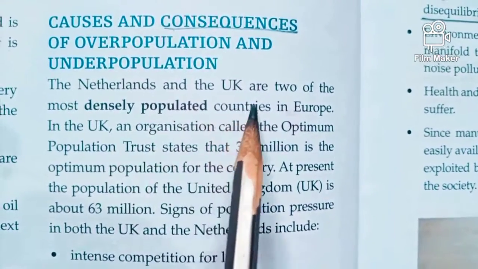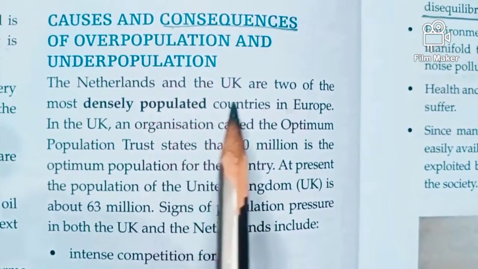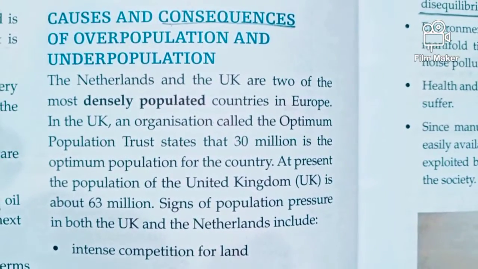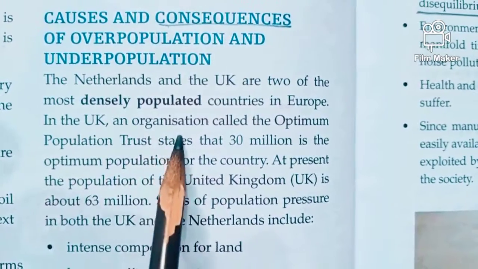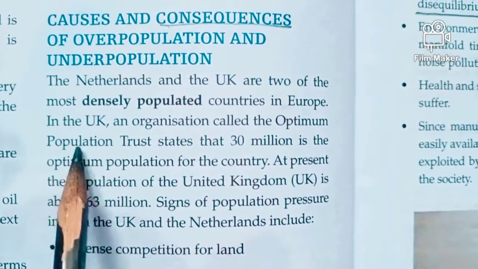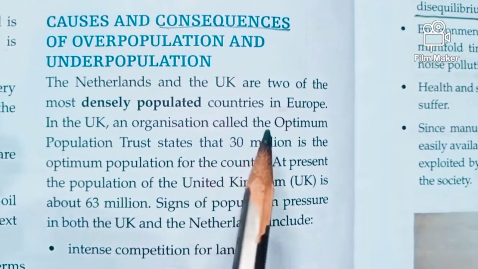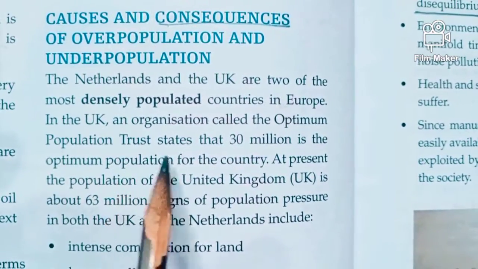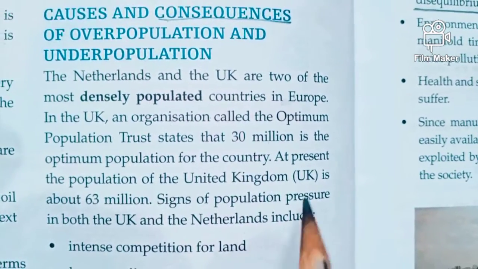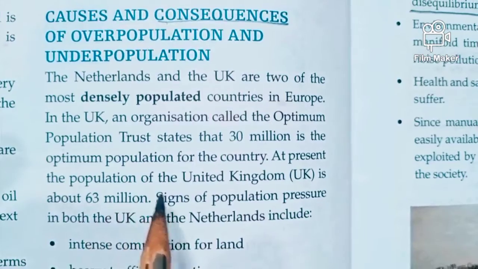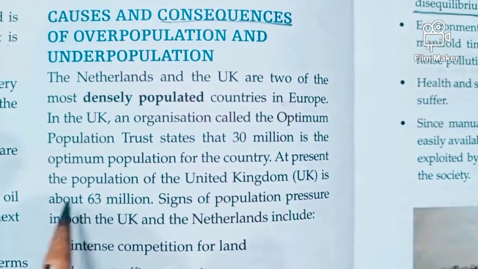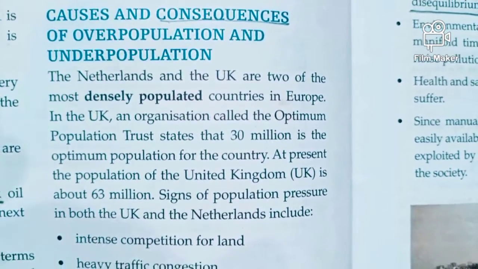The Netherlands and UK are two of the most densely populated countries in Europe. In UK, an organization called Optimum Population Trust states that 30 million is the optimum population for the country. At present, the population of the United Kingdom is about 63 million.